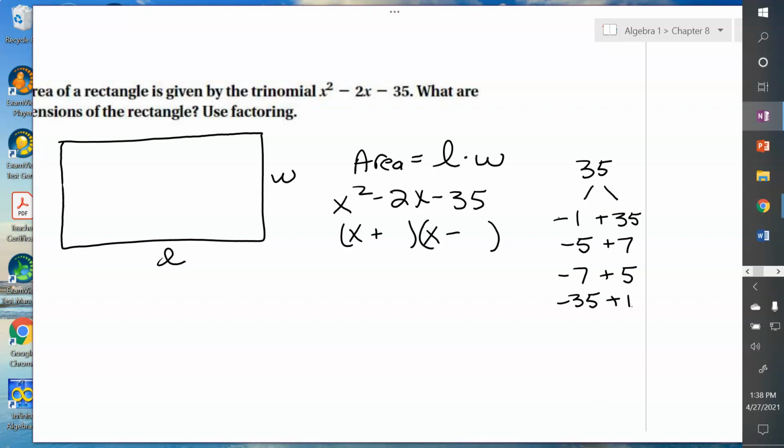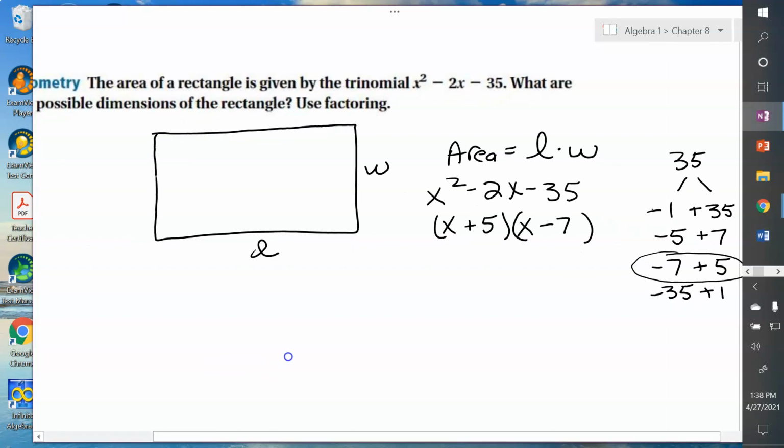And when I look here, I notice that I have a negative 7 plus a 5. Those add to a negative 2. And 7 is the larger number, and it is negative, so that confirms that I want that one. So then my length could be x plus 5, and my width could be x minus 7.